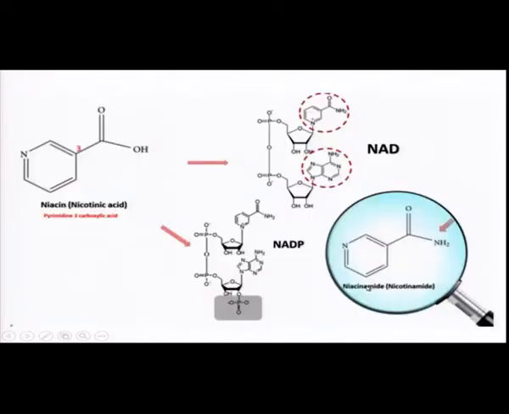Now, if you look at niacin, we saw in the previous session how niacin is the key component for NAD and NADP. So, NAD is nicotinamide adenine dinucleotide and NADP is a phosphated version of NAD.